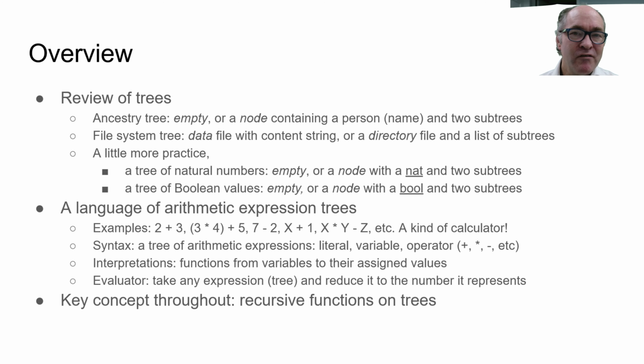It's important to have a good intuitive grasp of trees and recursive functions that do things with trees because, in fact, expressions in most formal languages, like a language of arithmetic expressions, the language of propositional logic, or even Python, Java, or C++, expressions or programs in such languages are structured as trees. Expression trees or program trees.